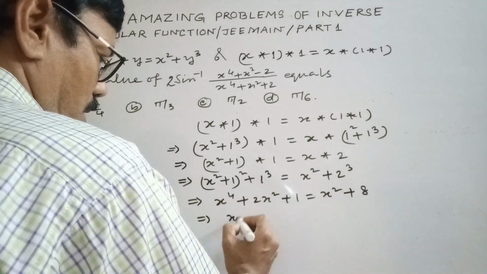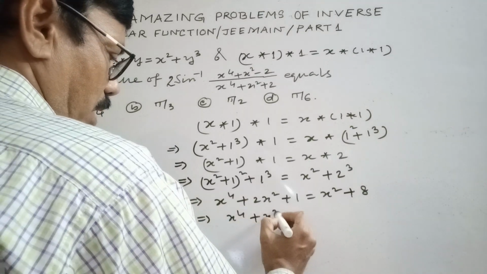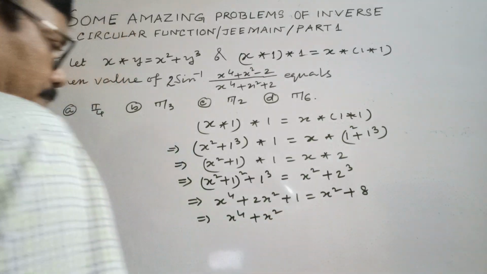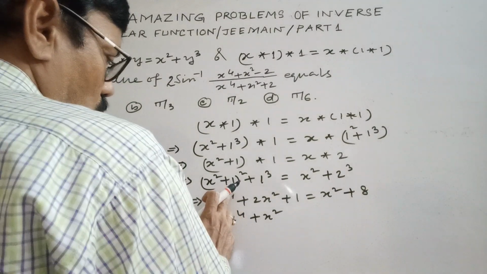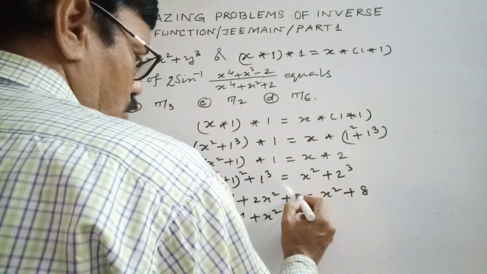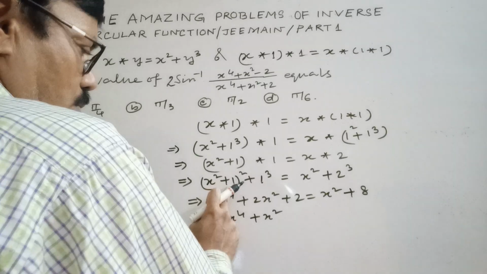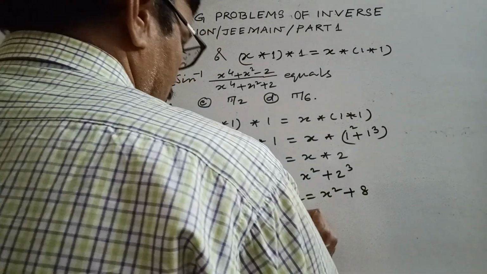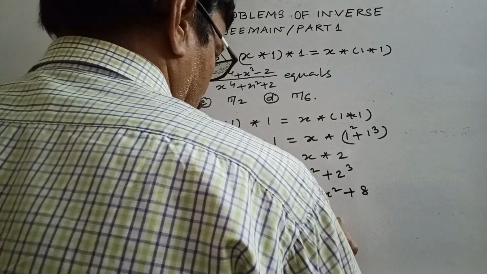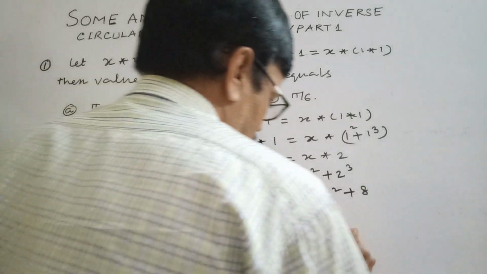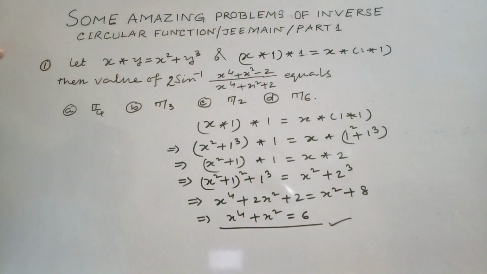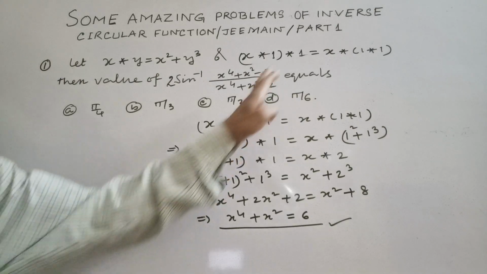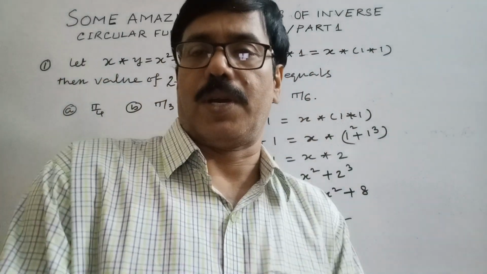So x to the power 4 plus x square. So this is 1 plus 1, I think it is 2. So here we are getting x4 plus x square equals 6. So we are getting this equation, simplifying this binary operation.